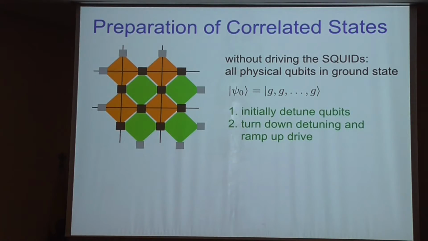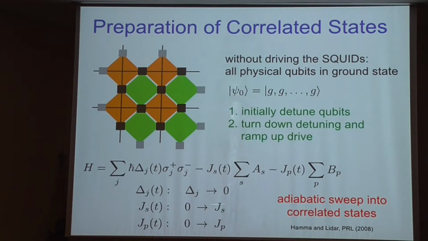And then you start driving these coupling spins initially with some detuning from the qubits, and then ramp up the drive and decrease this detuning. So what you want to do is an adiabatic sweep from this simple product state that's initialized by the temperature of the cryostat to one of the topologically correlated states.